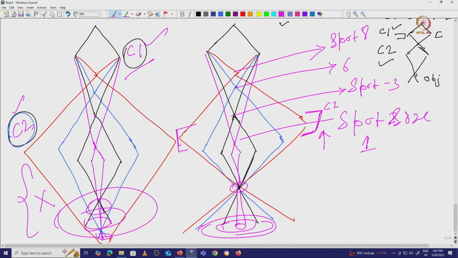When we use spot size 8, the beam is really spread. Then if we change the magnetic field of the C2 lens, we can converge this beam to one particular point, and it can give us a particular beam diameter.